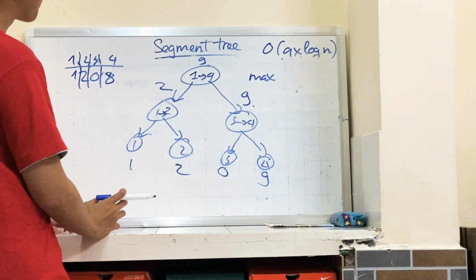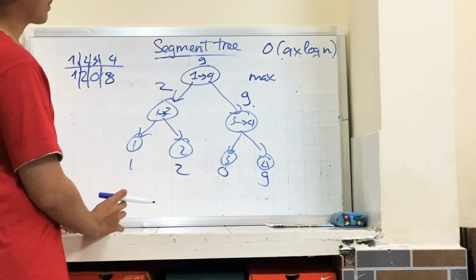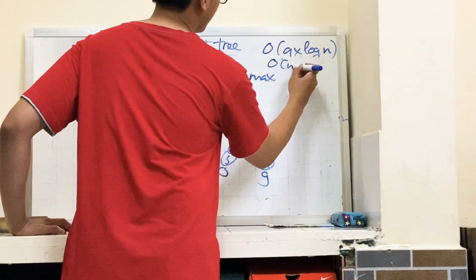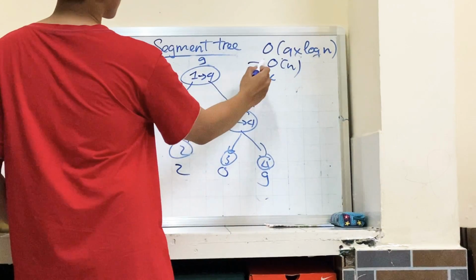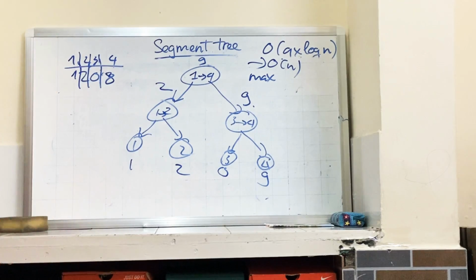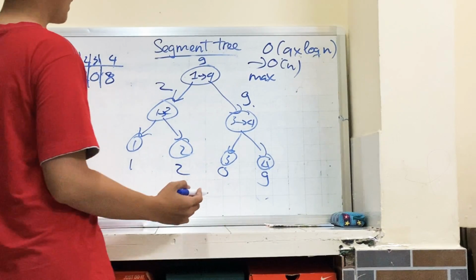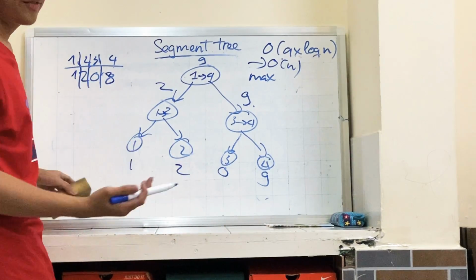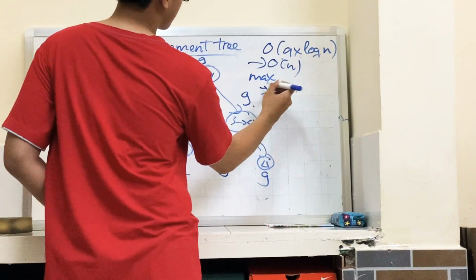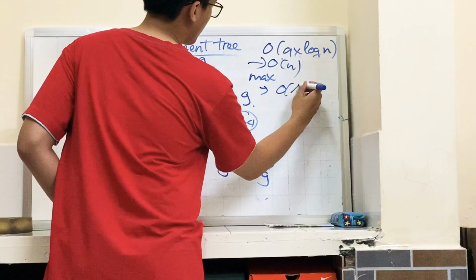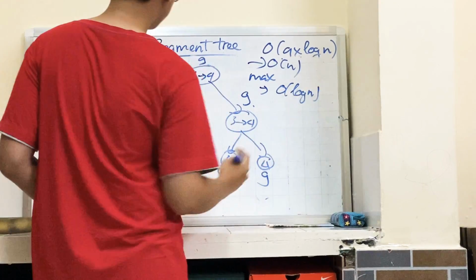The complexity to build a segment tree is O of n. If you modify a value and rebuild, it will cost O of n complexity. So that's a naive approach. We'll optimize it to O of log n.